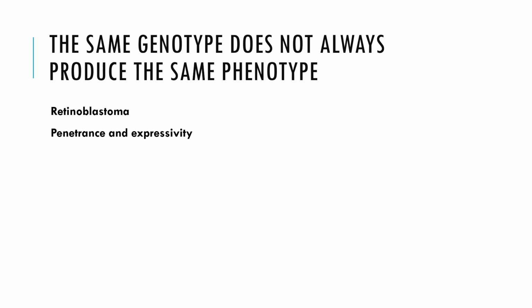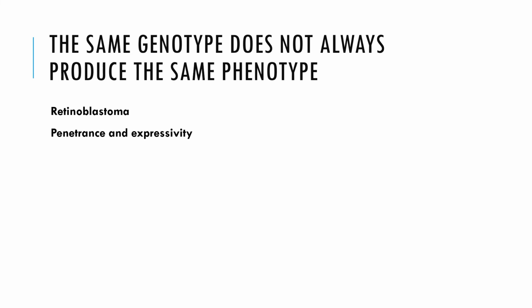In some people with retinoblastoma, only one eye is affected, while in other individuals with the phenotype, both eyes are diseased. Expressivity refers to the degree or intensity with which a particular genotype is expressed in a phenotype.